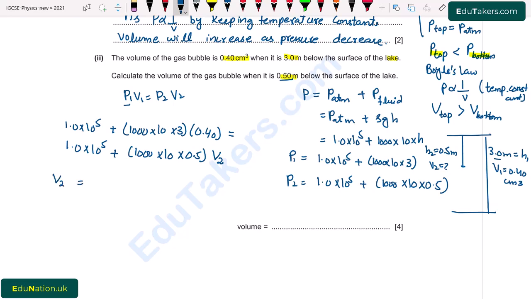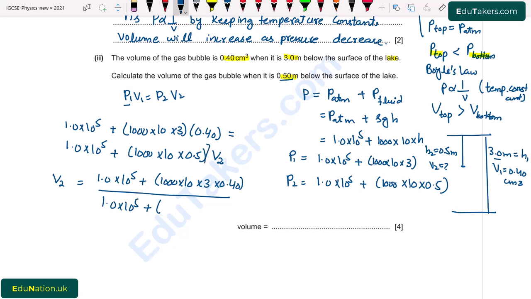So V2 comes to be (1.0 times 10 to the power 5 plus 1000 multiplied by 10 and 3) multiplied by 0.40, divided by (1.0 times 10 to the power 5 plus 10 multiplied by 1000 and 0.5).